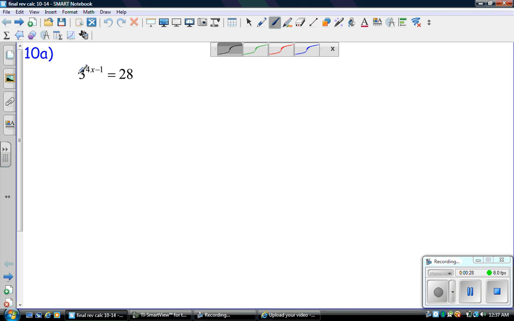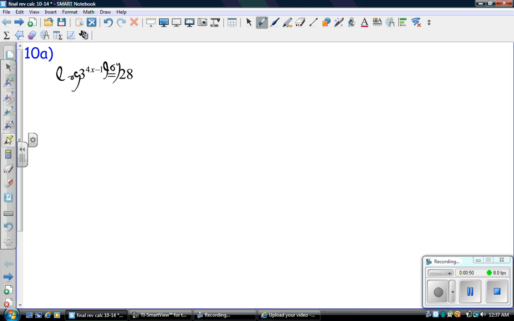It really doesn't matter what you use. For this one, I'll just go regular log. I've got something raised to the power, and it is isolated on one side, so I can just log both sides. Remember, the whole point of doing the log here is so I can take the exponent and bring it around town.